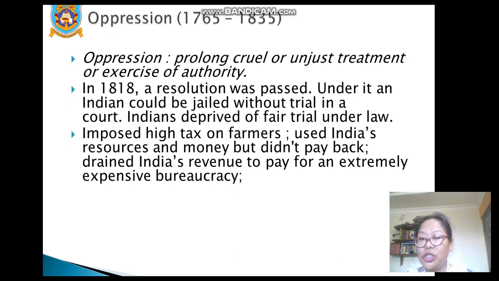East India Company used India's resources and money but did not pay back. They were exporting the resources from India to their country. They were bringing back ready-made products, and the market for those ready-made products was the Indian people.